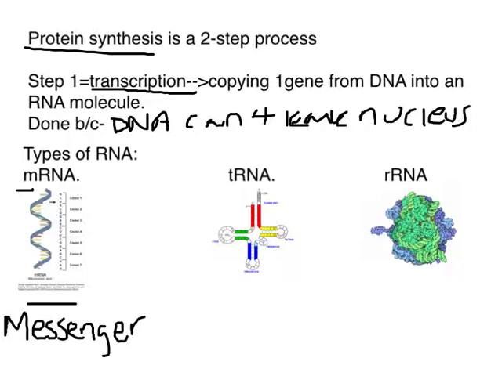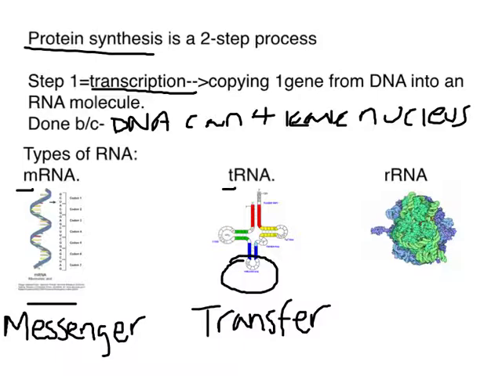The second type of RNA that's going to be important here is tRNA, and the T stands for transfer. The transfer RNA is important because it bends into this weird, funny shape. You end up with one active area right at this end, and we'll get into that in the next lesson when we get into translation, the second step of protein synthesis.